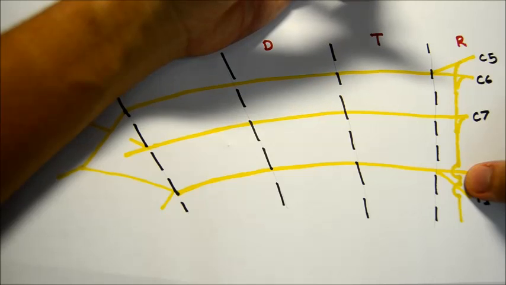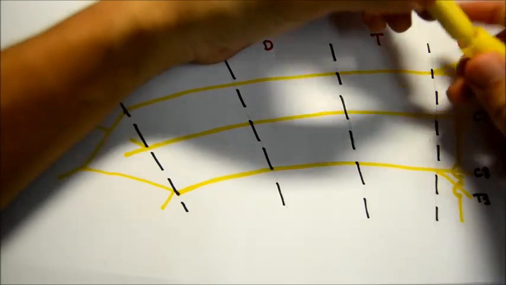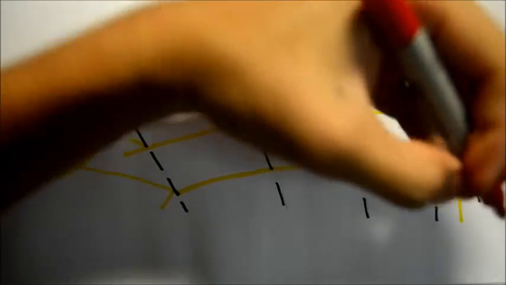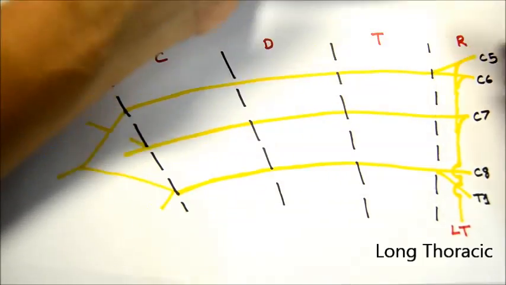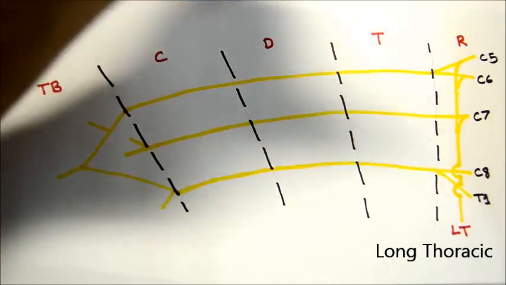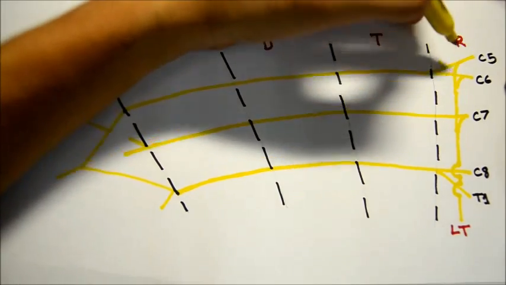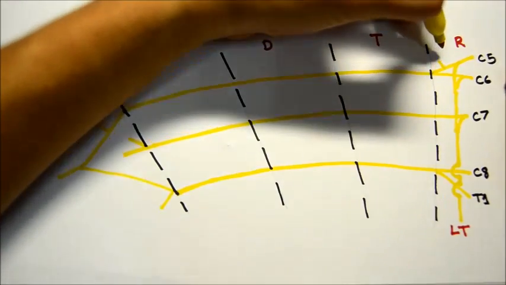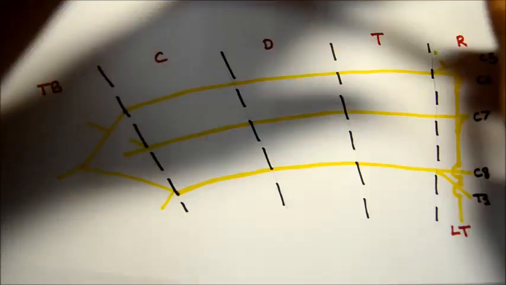It just goes to show that the C8 and T1 does not contribute to this branch here. Okay. This branch is called the long thoracic nerve. Okay. Next one, we have the second branch, which is the dorsal scapula.